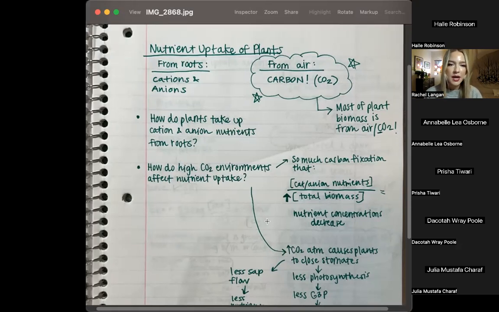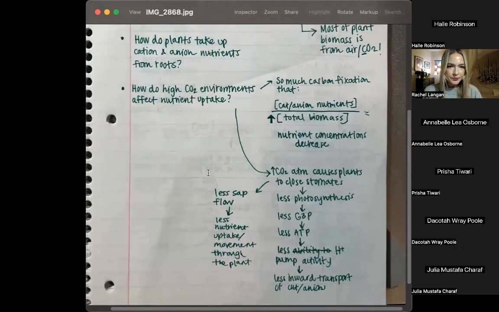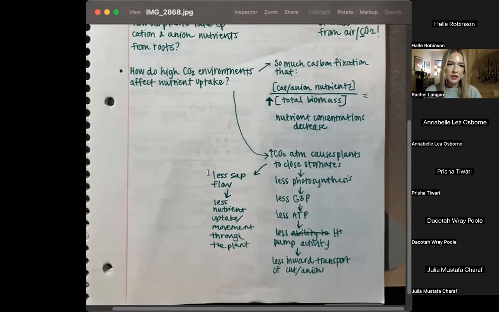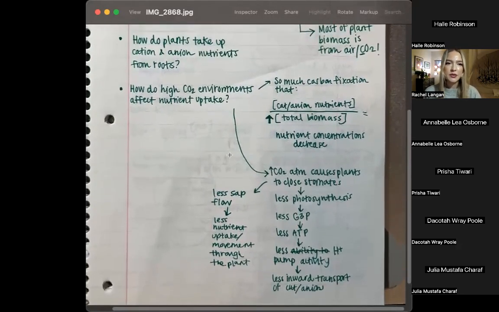So there are two hypotheses that we talked about in class. She showed some data that showed in high CO2 environments, we get less nutrient uptake, and we wondered why that is.